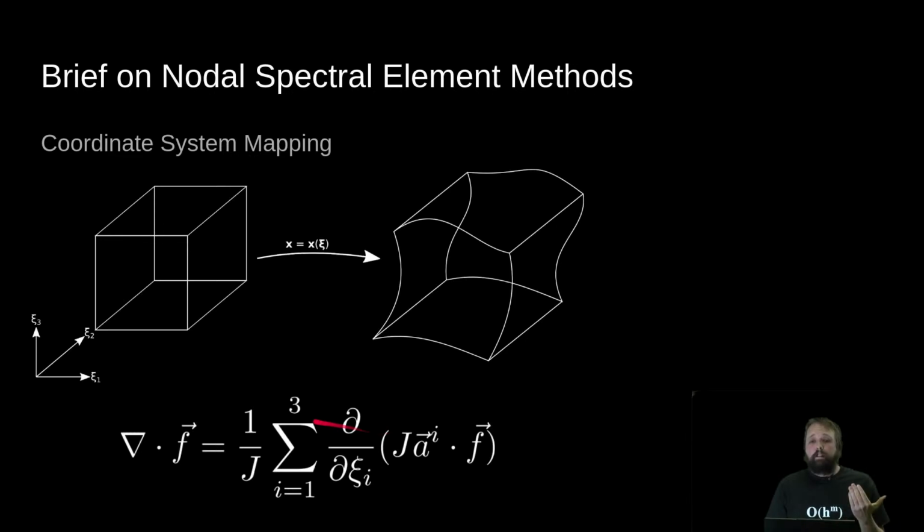The idea is if I go from computational to physical space, you can calculate the derivative with respect to physical coordinates, so x, y's, and z's, for example. You can express that in terms of derivatives of the computational coordinates, and you have some modification that you need to do here. What you're really doing is projecting that function onto what are called the contravariant basis vectors.